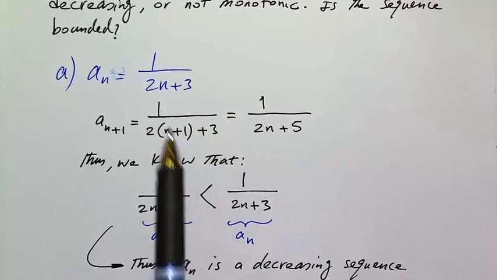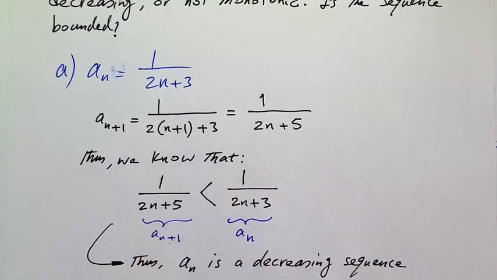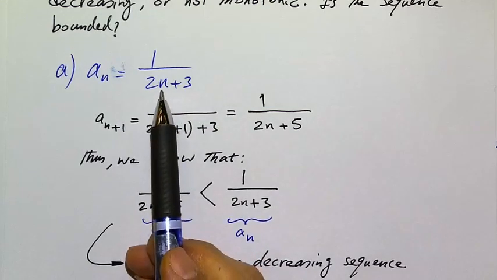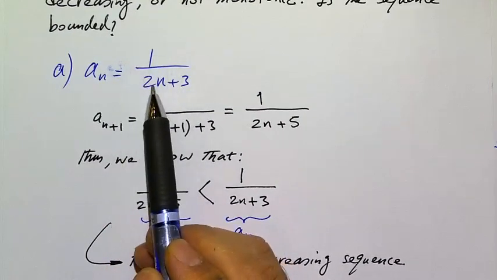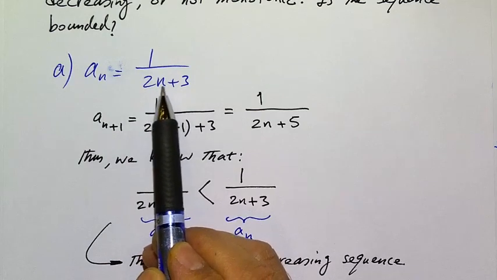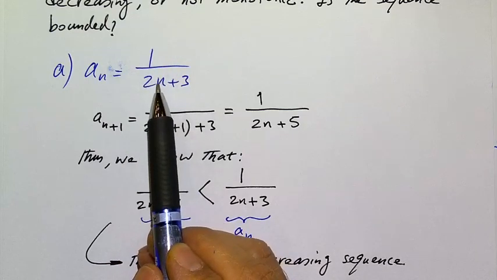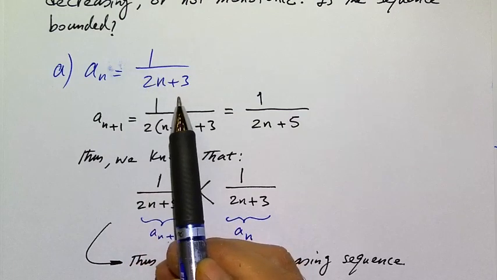If we look back at this sequence, n starts at 1 and goes up to the higher positive integers, so n varies from 1, 2, 3, 4, 5, all the way to positive infinity. Because this is a fraction, the largest value happens when n equals 1. For every next value of n, this value becomes a little bit smaller. So the largest value of this sequence happens when n equals 1, or 1 over 5.